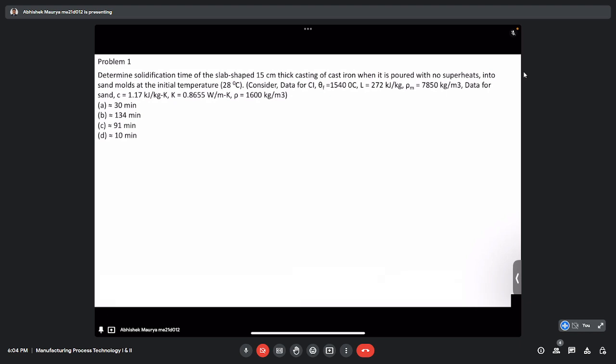Make sure that there is a correction here. It should be degree Celsius, not zero. Okay.